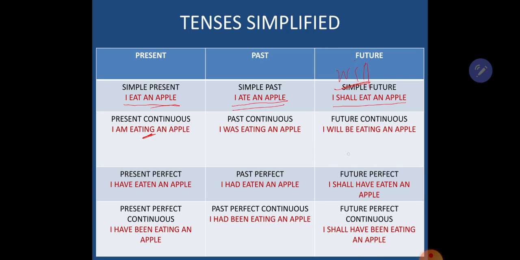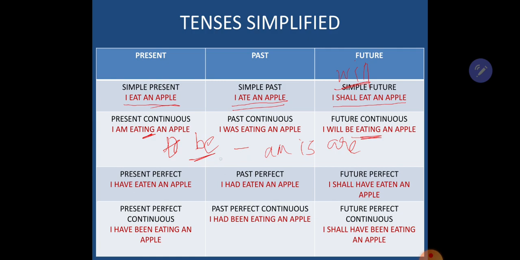If you look at these sentences, in continuous tense you have the ing form of the verb. Now am, was, be are the forms of the verb to be. The present forms of this verb to be are am, is, are.